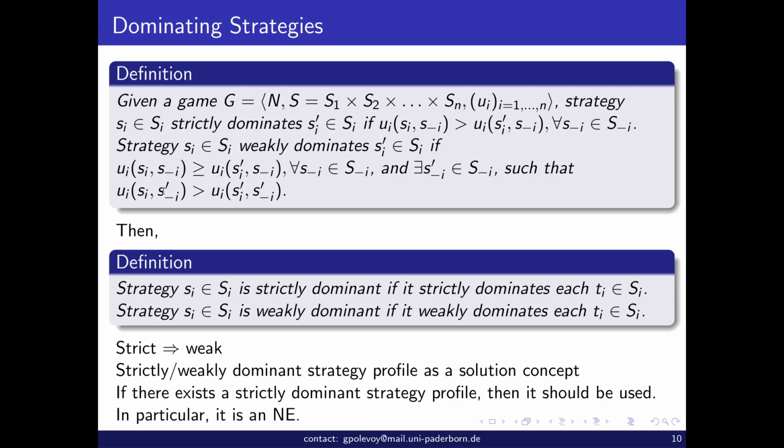Because if each strategy is at least as good as the others, given any set of strategies of the other players, then definitely that strategy is the best given some strategy profile, as required in Nash equilibrium. So even a profile of weakly dominant strategies, definitely a profile of strictly dominant strategies, is a strengthening of Nash equilibrium. It does not come from being in Nash equilibrium. It's simply a narrower, stronger concept than Nash equilibrium.